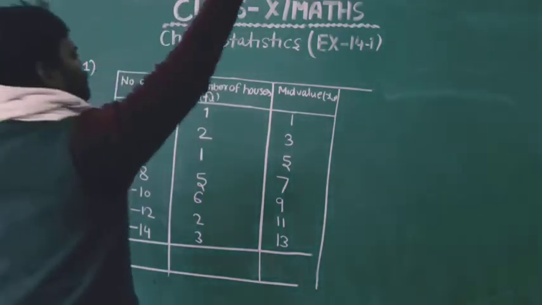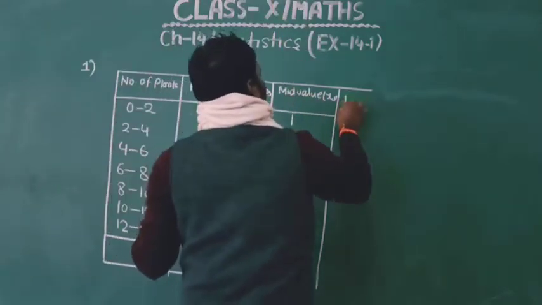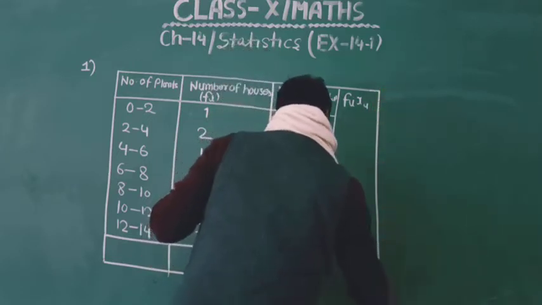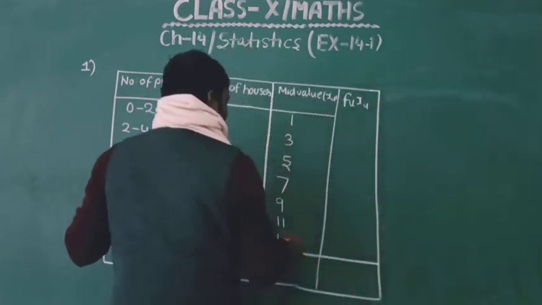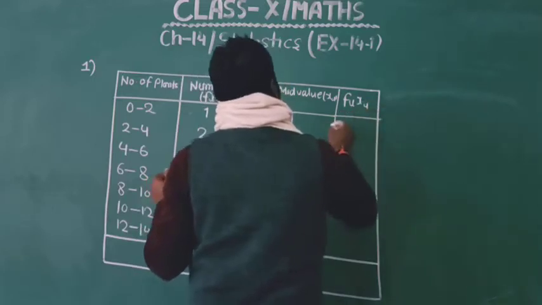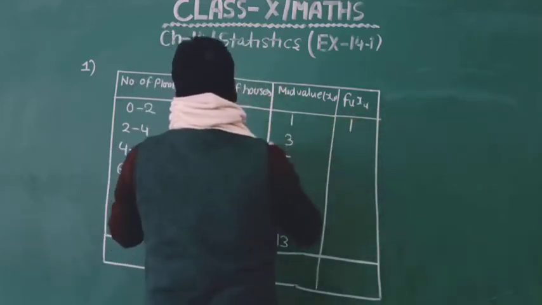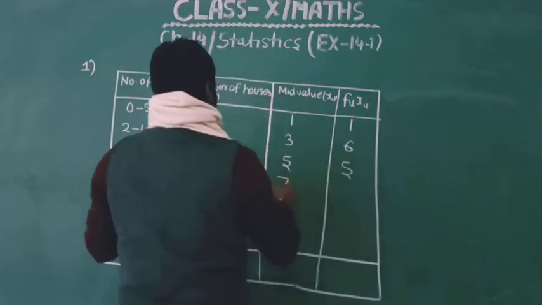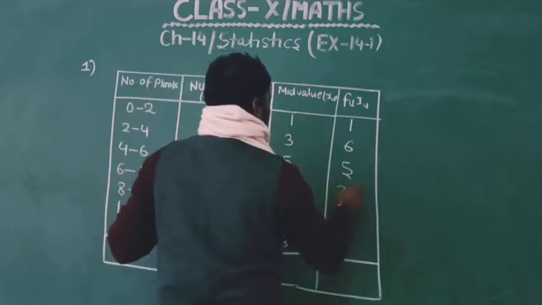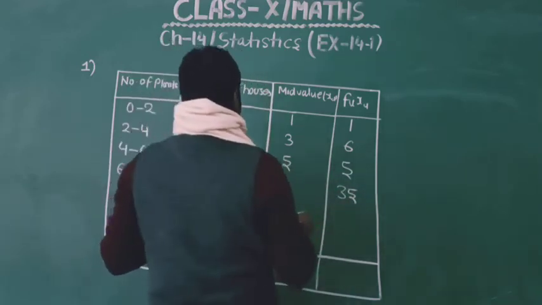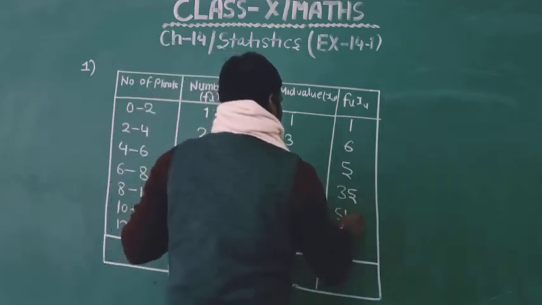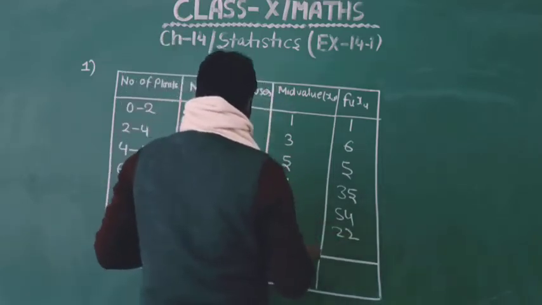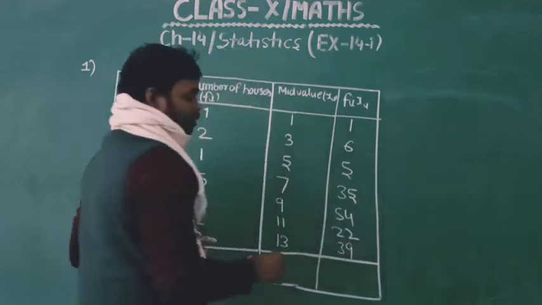Next, find fi into xi. So fi into xi is 1 into 1 is 1, 2 into 3 is 6, 1 into 5 is 5, 5 into 7 is 35, 6 into 9 is 54, 2 into 11 is 22, and this is 39.